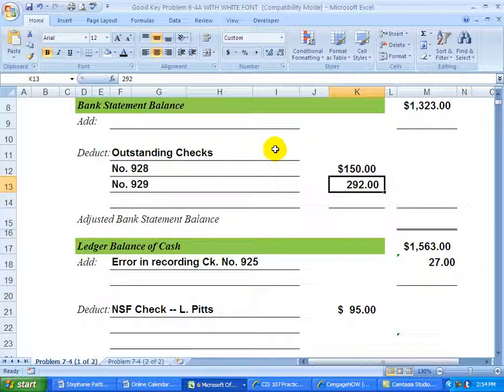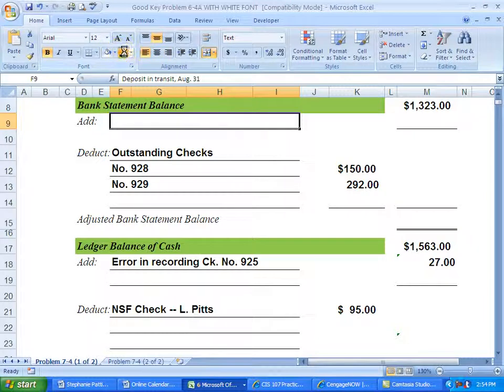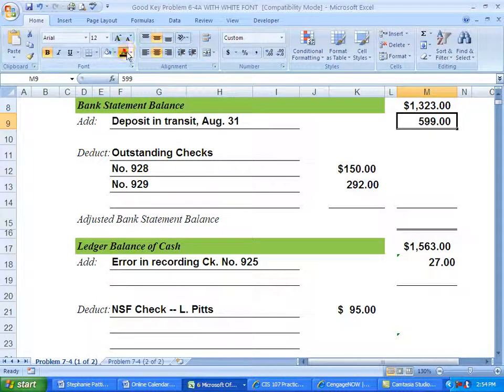Also, looking at this one, we have a deposit that didn't appear for $599. So we've added that $599 to our cash account. We now need to add it to what the bank says we have. So this is a deposit in transit, and sometimes people refer to them as late deposits.